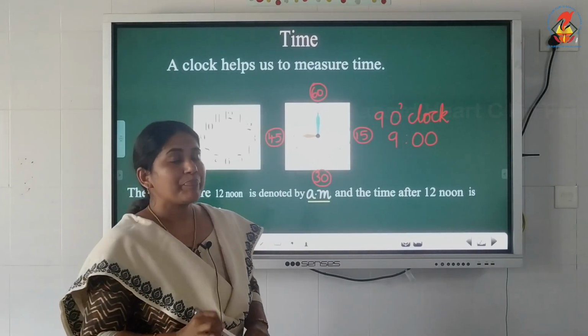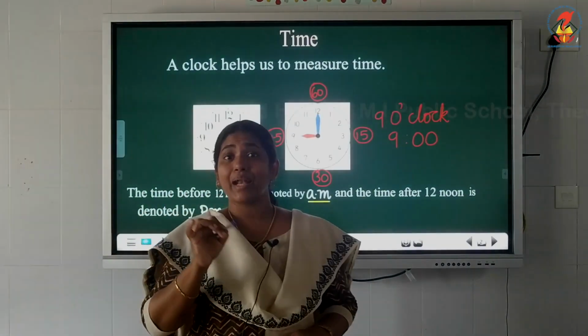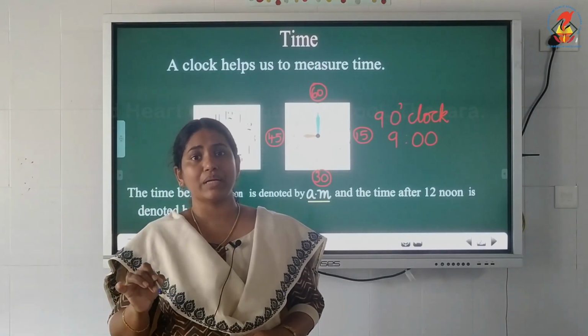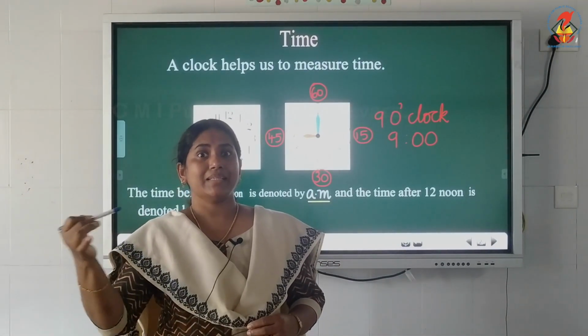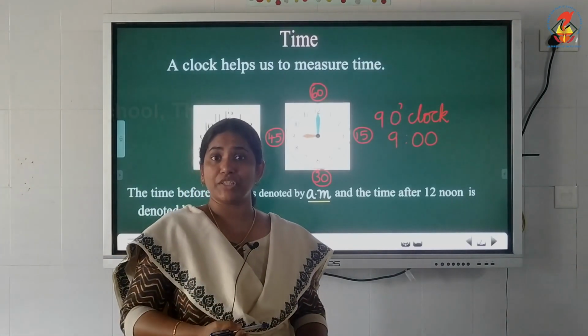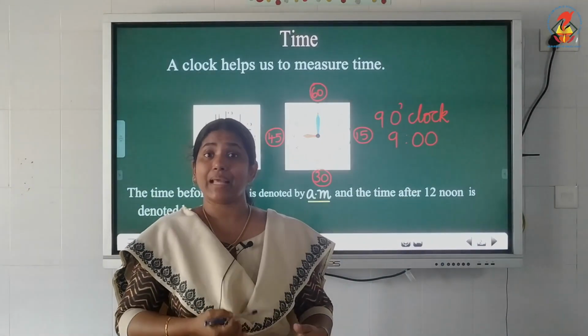Is it clear? And one more thing children, did you notice AM and PM? Sometimes when we are writing a message in your handbook, the meeting will be at this much AM. Otherwise the school will function till 12 am, 11 am, like that.